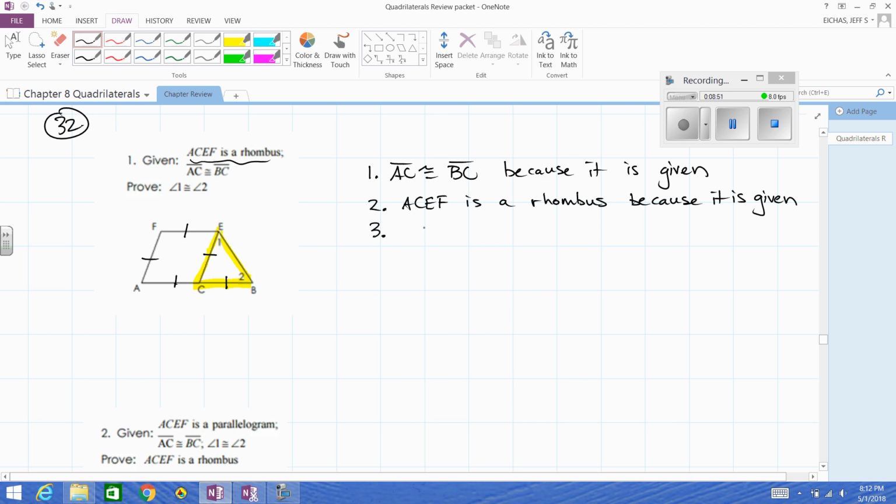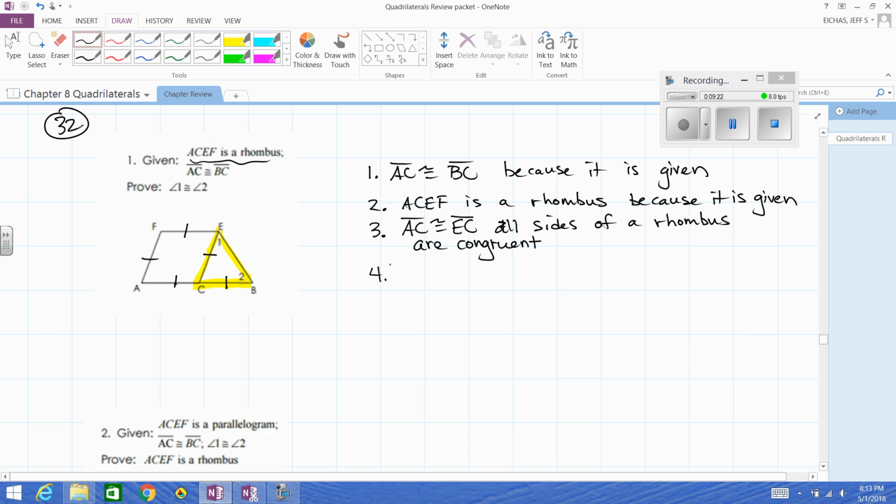And next, what we have is, let's see, AC is going to also be congruent to EC. Now, I could have said all the sides, but I don't need them. I just need these two. So all sides of a rhombus are congruent. You could say anything. A rhombus is equilateral, something like that.